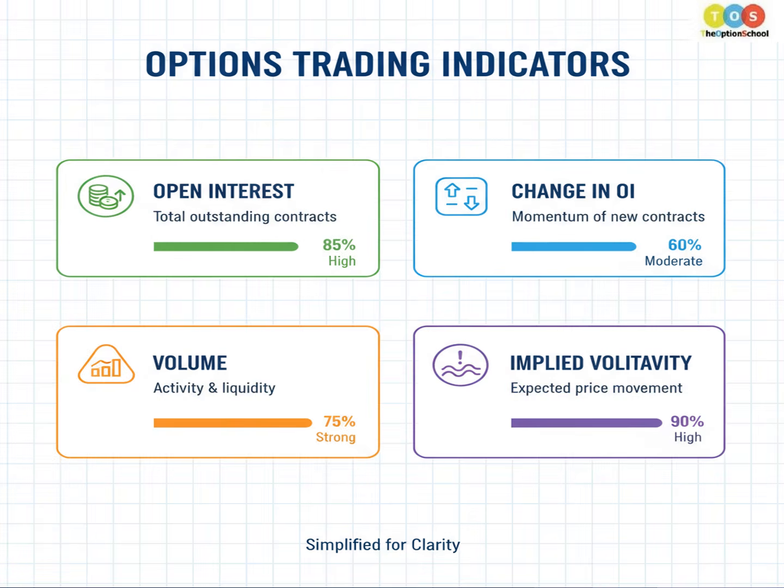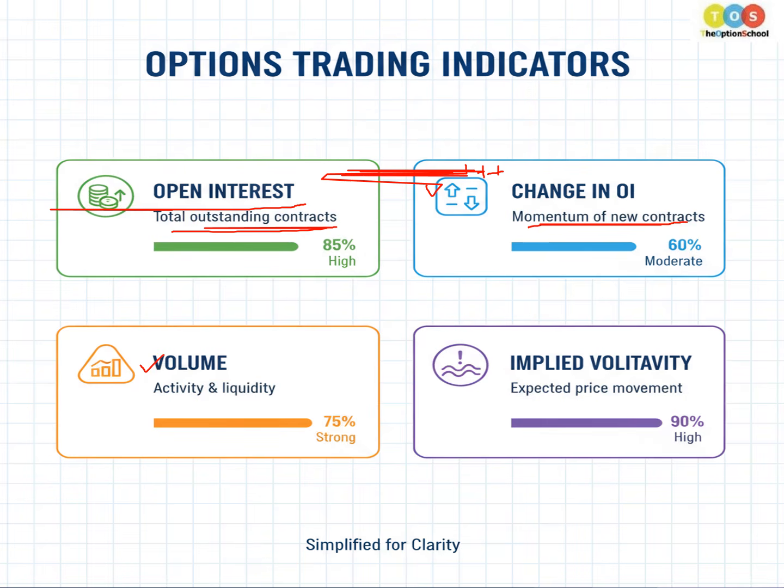So here I have mentioned that open interest is the total outstanding contracts. The change in OI tells us the momentum of new contracts. If the change in OI is very fast or is larger in number, that tells us that the momentum of addition, or of subtraction in the other case, is very, very high.